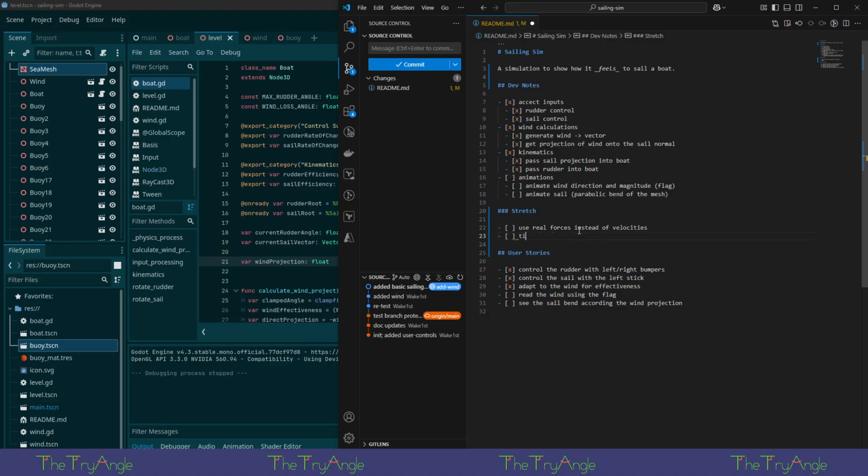Tilt the boat. And also buoyancy. You know what else we can do?